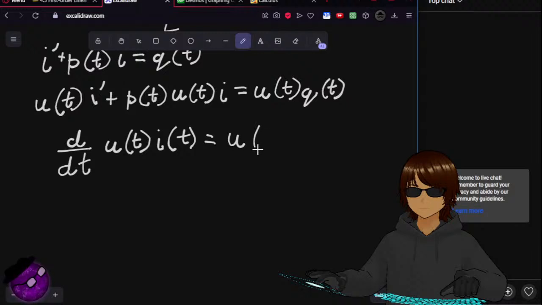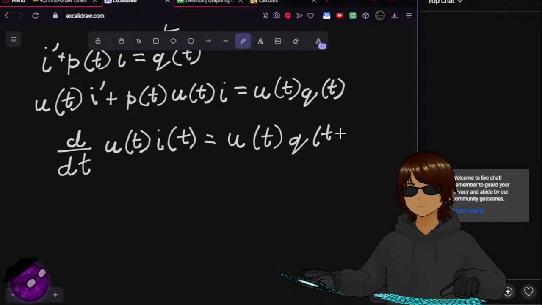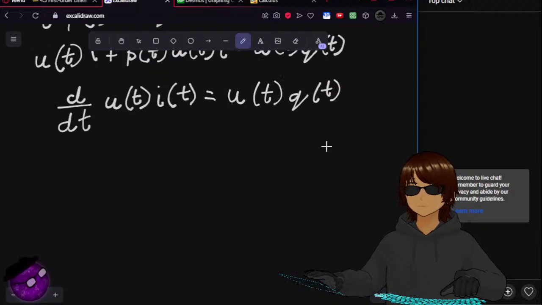Is equal to U(t)Q(t). Then integrate both sides.